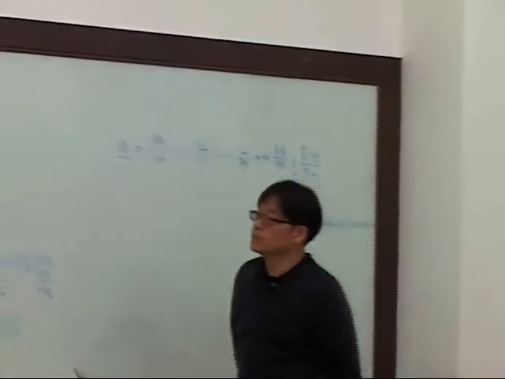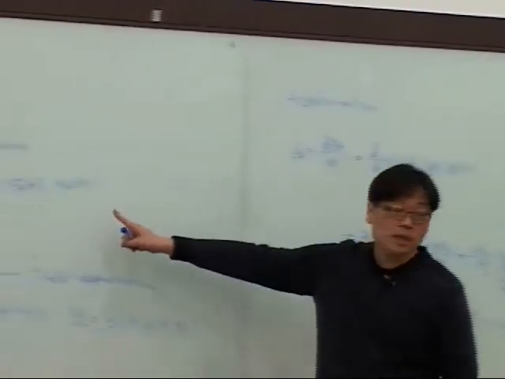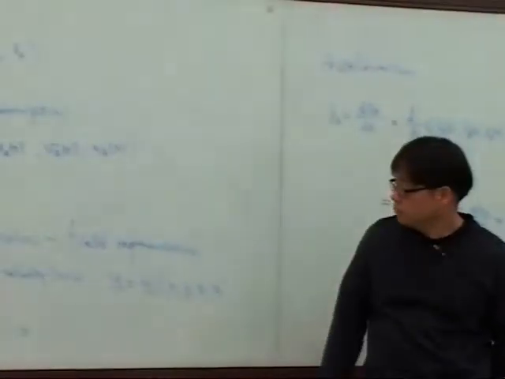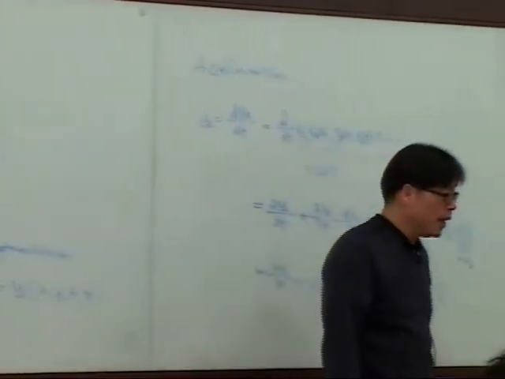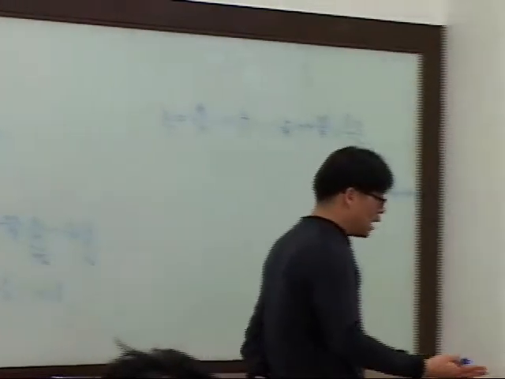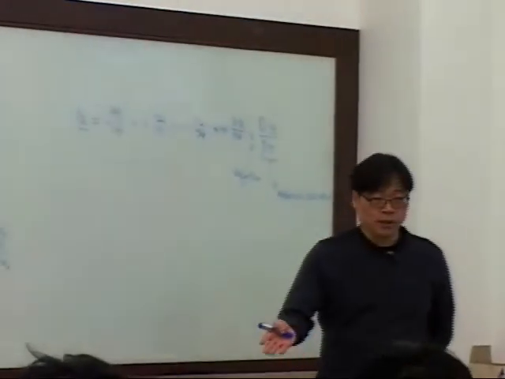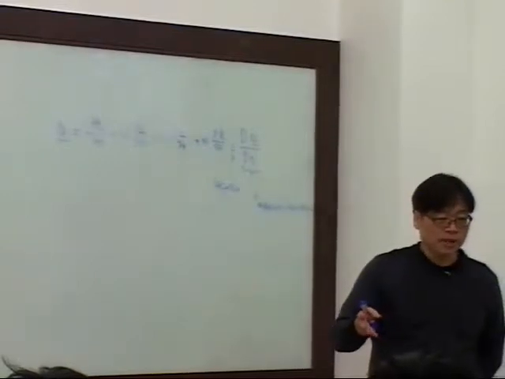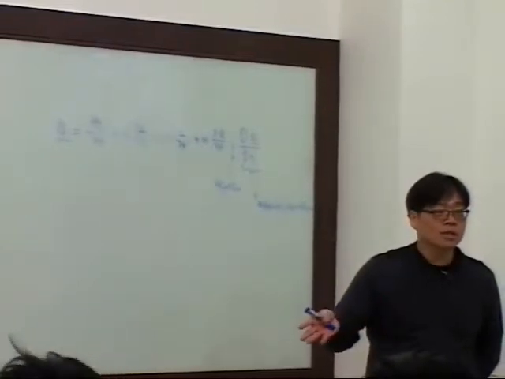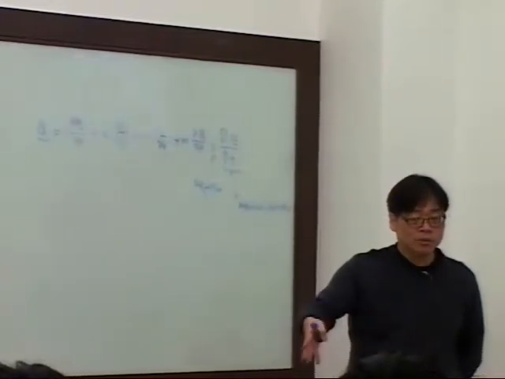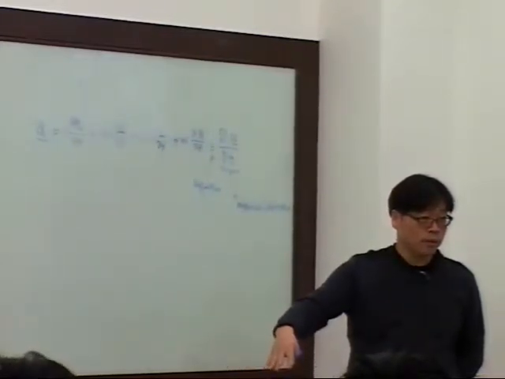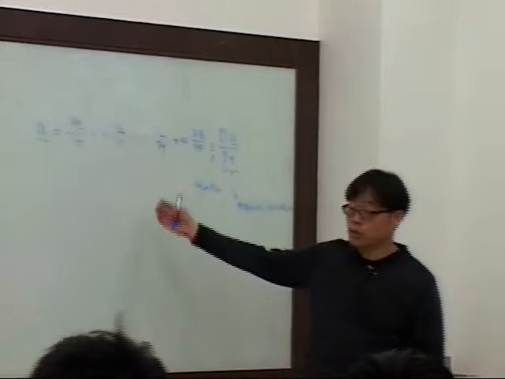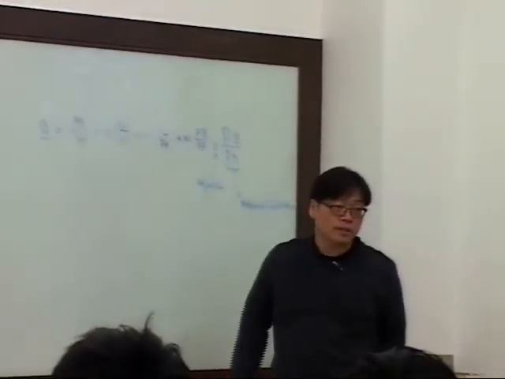As I said, the Lagrangian description is too much for us, so we are not going to use it, and we have to use the Eulerian description, and then we have to know how to represent acceleration in terms of Eulerian velocity. The reason is, sooner or later we are going to use, for example, Newton's law. Newton's law is nothing but mass times acceleration has to be balanced with the force acting on the particle, right? So we have to define acceleration, and that's why we need this kind of representation.